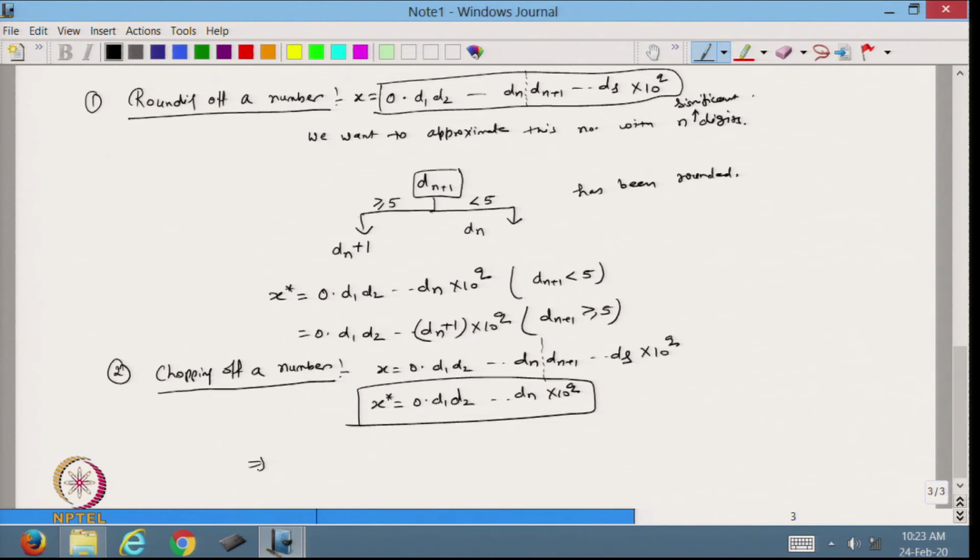So, from here I can say that if dn+1 is less than 5, then rounding or chopping of a number is the same. That is what we have to take care of.